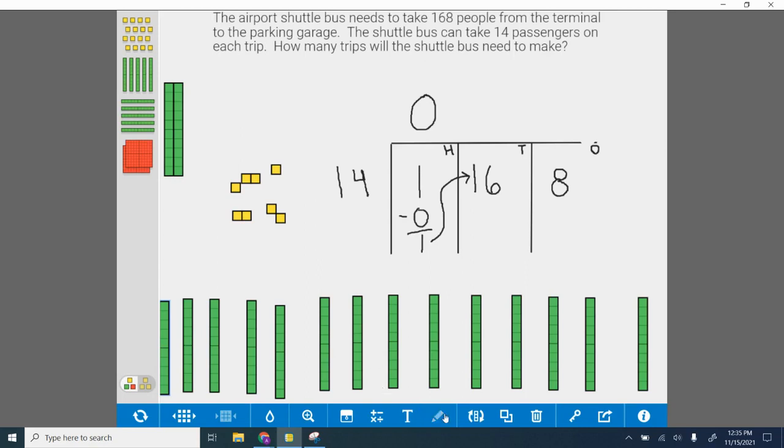So we're going to go ahead and notate that. So each of the 14 groups has 1 ten, and I placed 14 tens.